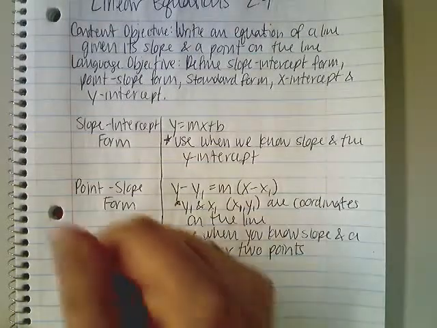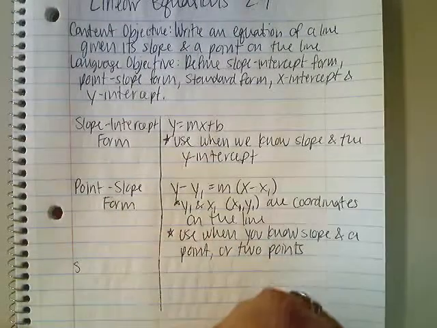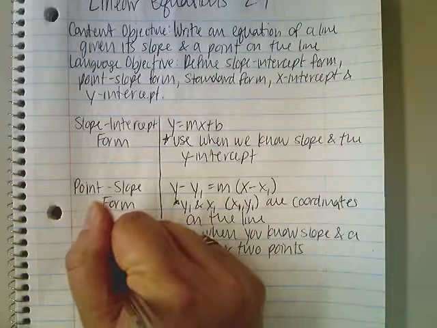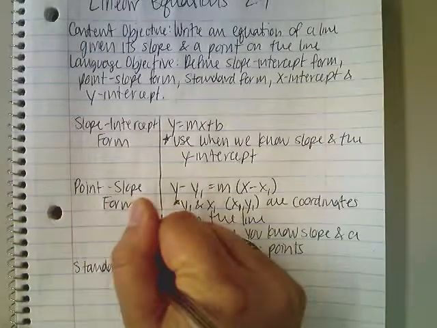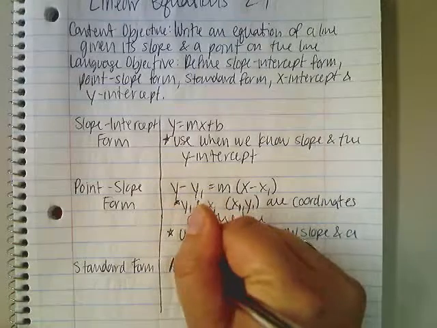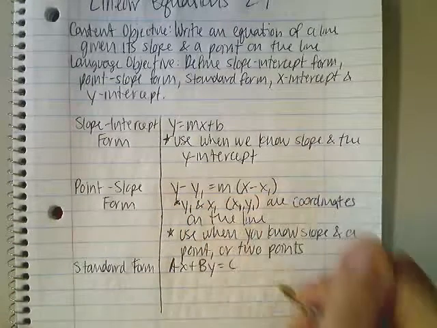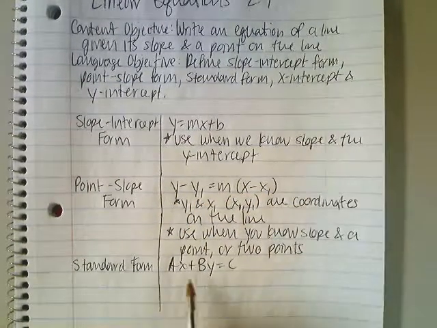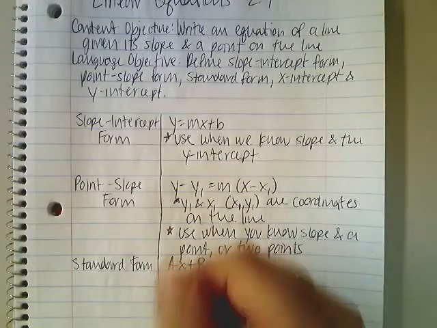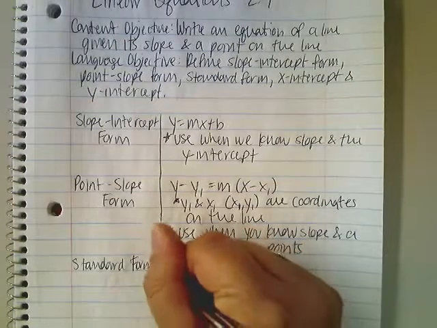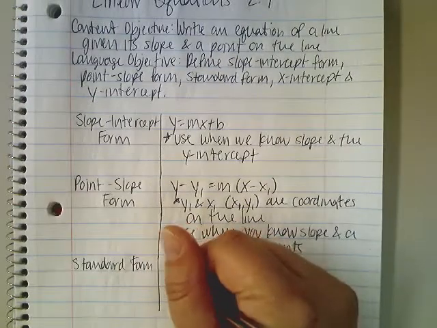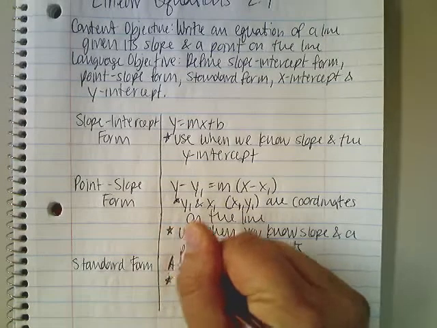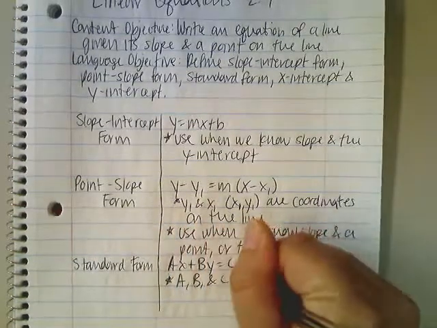The last form we're talking about is standard form. And this is ax plus by equals c, where c is a constant and a and b are coefficients of x and y. It's important to know a, b, and c are real numbers.